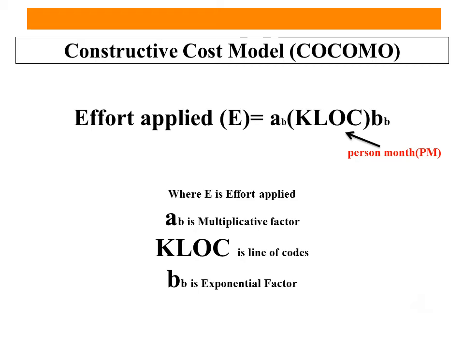The value would be calculated in person-months and it is denoted by PM, where E is effort applied, a_b is a multiplicative factor, KLOC means thousand lines of code, and b_b is the exponential factor.